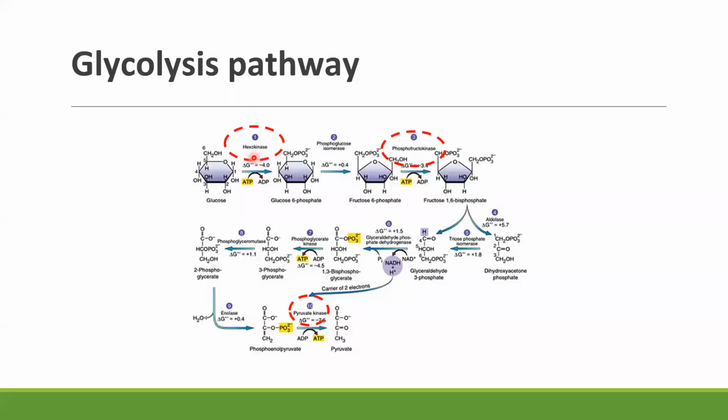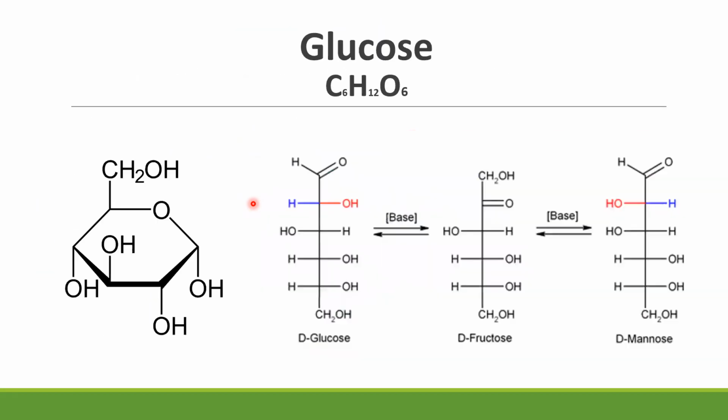Wait a minute. By the way, when the time ends, we'll make a new link, okay? So we have a glucose and the ATP will come. When the ATP comes, we have the enzyme called hexokinase. The hexokinase enzyme will take the phosphate group and send it to the glucose and attach it at position 6, because we know that glucose, as you see in this photo, has position 1, 2, 3, and so on.